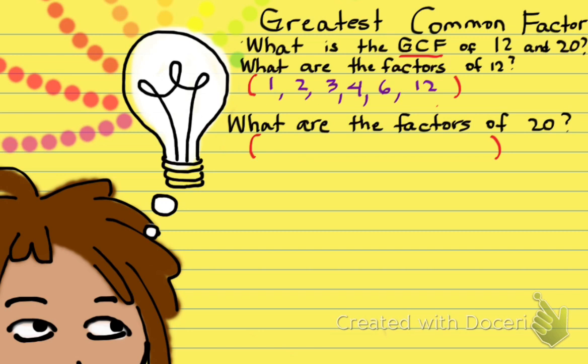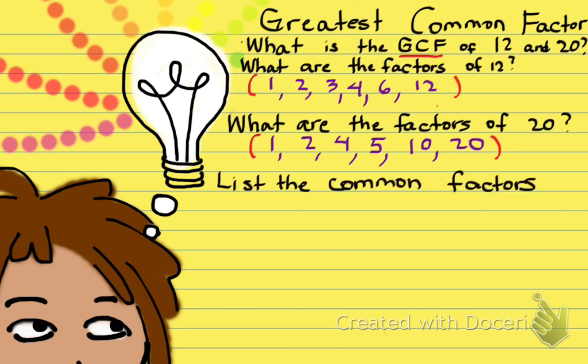Now, let's look for the factors of 20. So we have 1 times 20, 2 times 10, and 4 times 5. So these are the factors of 20. We have 1, 2, 4, 5, 10, and 20. Now list the common factors.